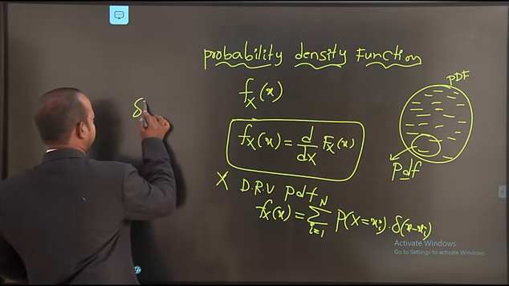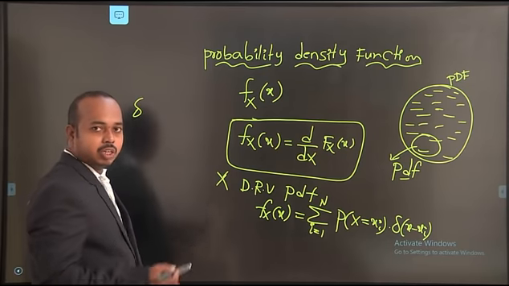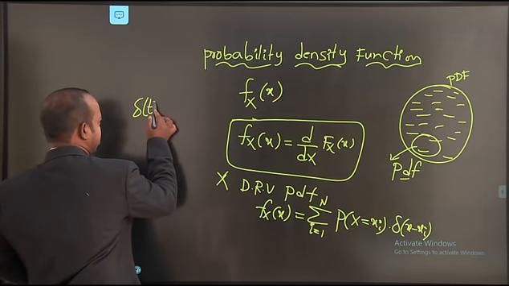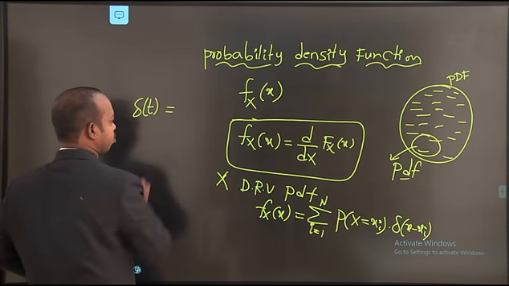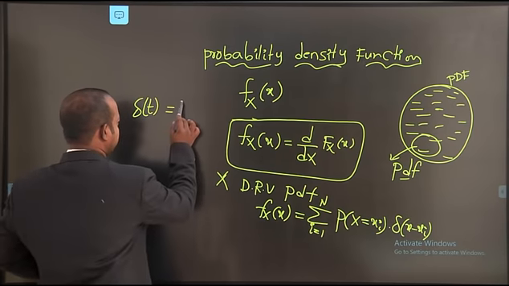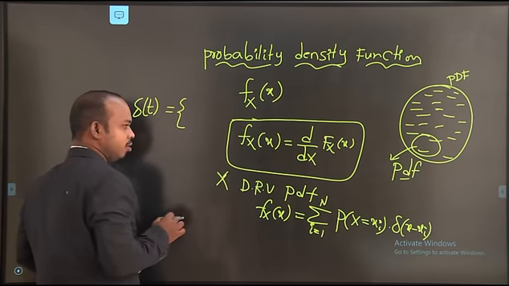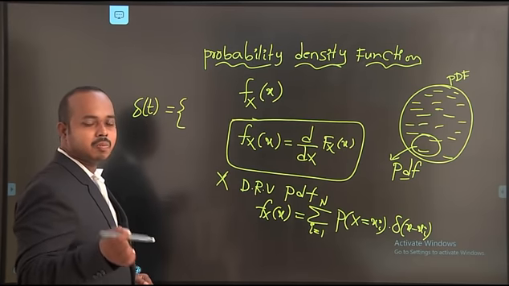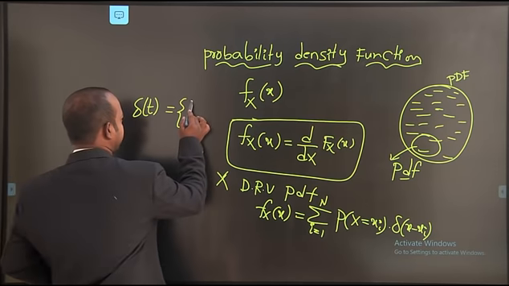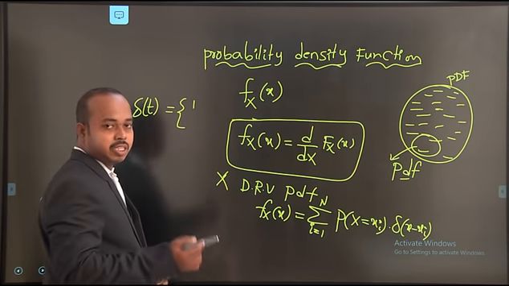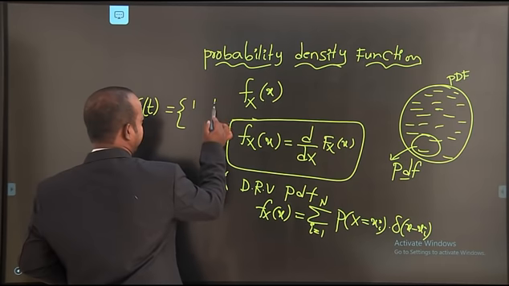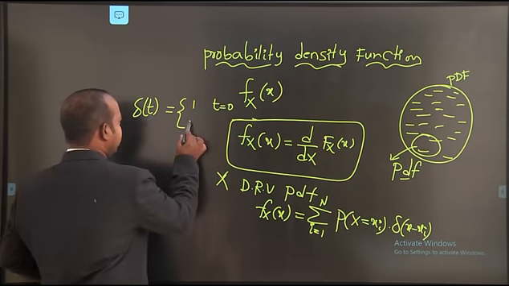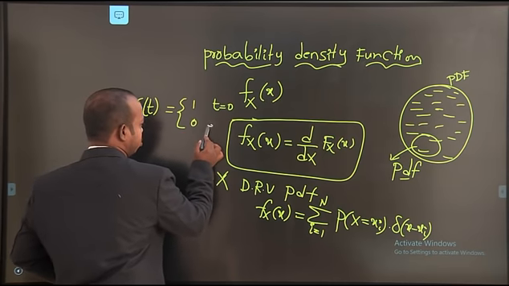For a continuous time signal we define the impulse signal. The definition is del of t equals 1 where t equals 0, and for all remaining conditions the value is 0.